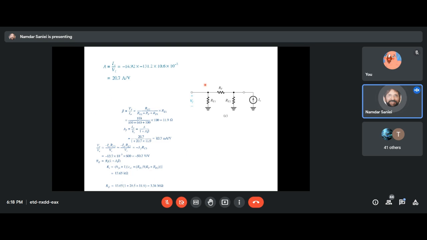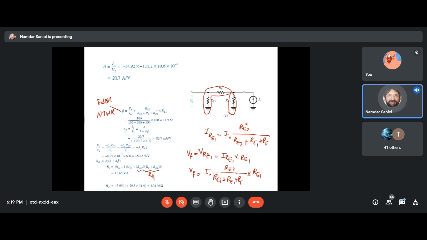In order to find that, we had to first divide this current between these two branches, and then the current that goes through this branch goes through RE1 as well, times RE1 will drop VF. So this would give us a relationship between VF and IO, bringing IO down to the denominator, and then we would have this as beta.